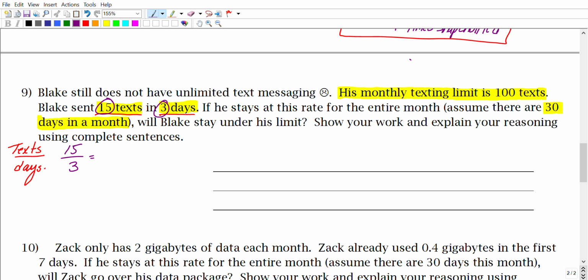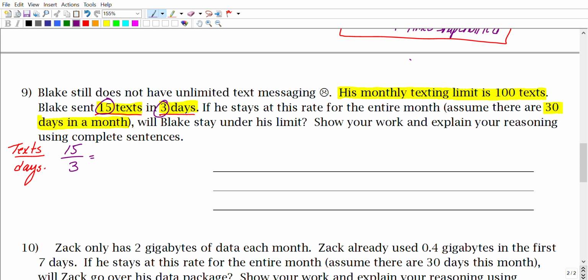Okay, now the question is, am I going to use that 100 or that 30? Well, let's see. It says his monthly texting limit is 100 texts, and we want to know if he keeps this rate of 15 texts every 3 days, will he go over that limit? So we just want to compare at the end with our final result if he does go over that 100 text limit.